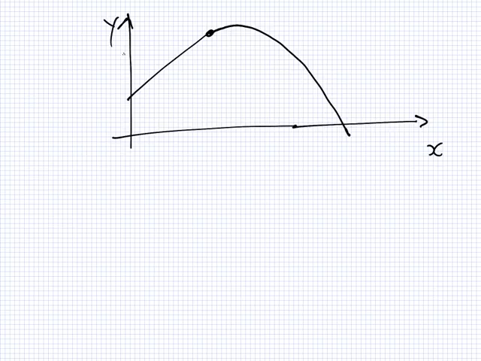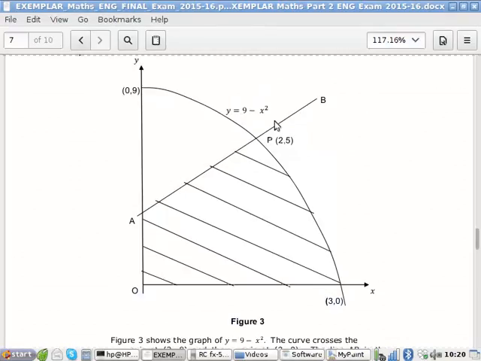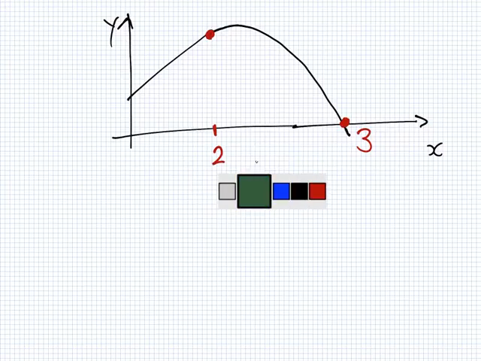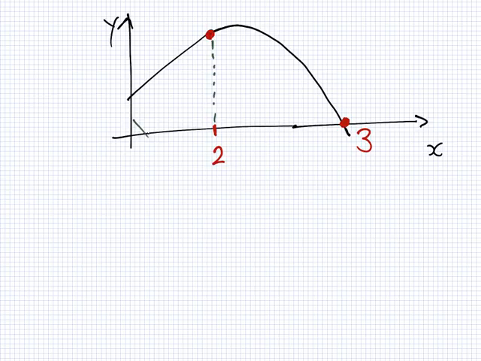And we know this point here, it's 3. And we know this point here, it's 2. So, what you're supposed to do is think of it as 2 areas.